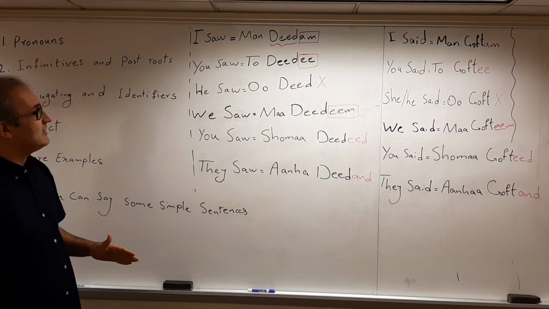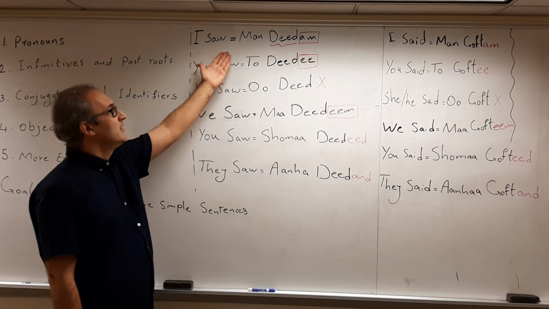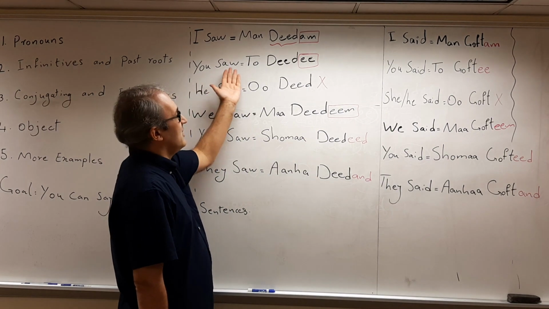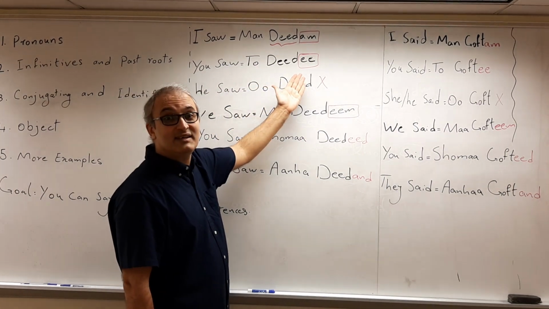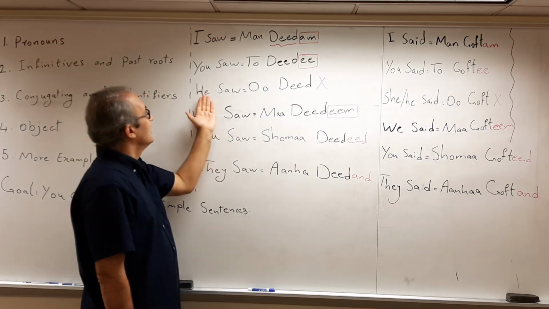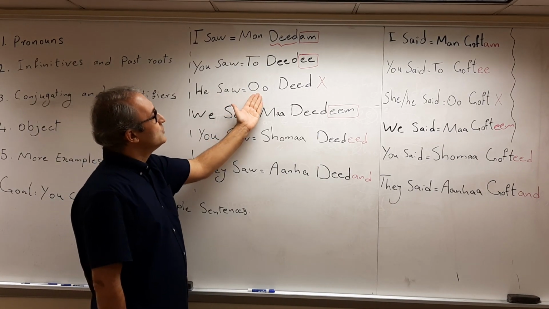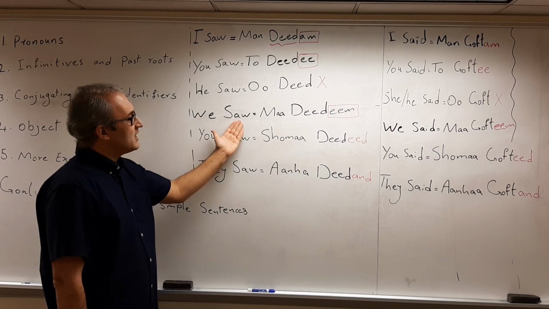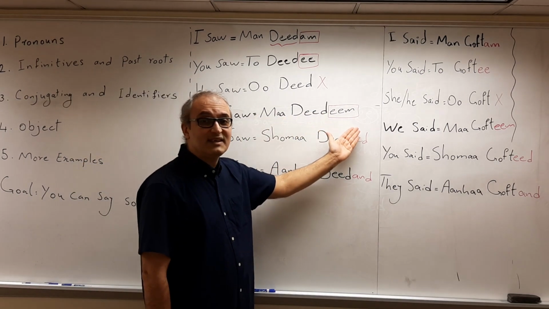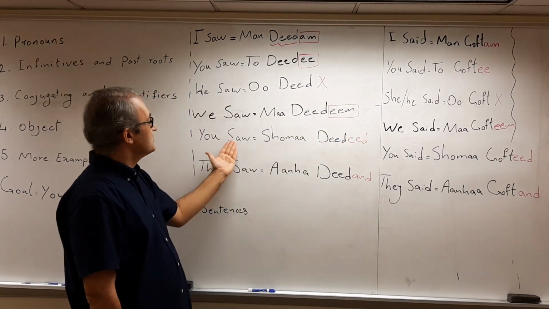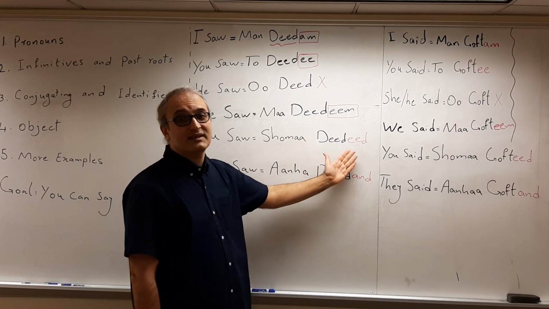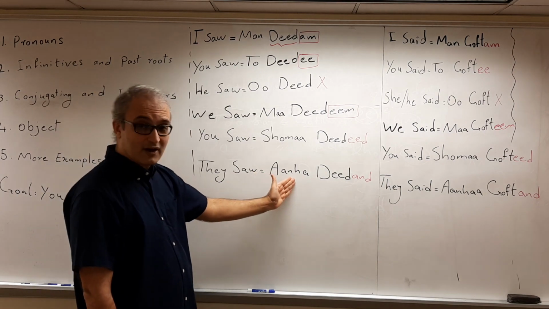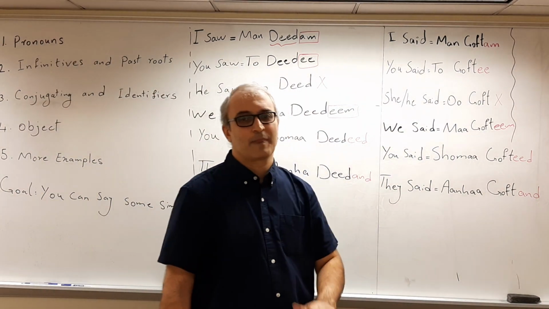And about see, to see: I saw, man دیدم. You saw, تو دیدی. He saw, او دید. We saw, ما دیدیم. You saw, شما دیدید. And they saw, آنها دیدند. Okay?